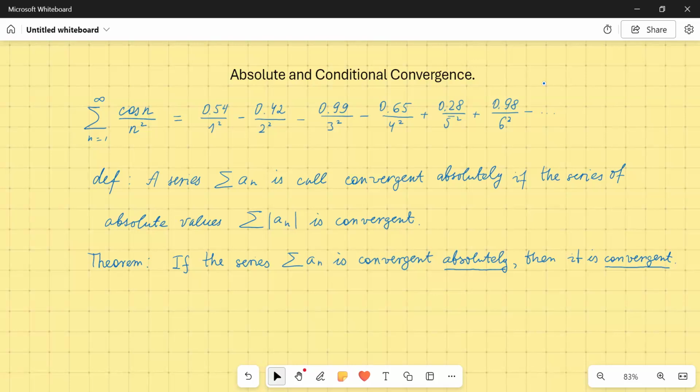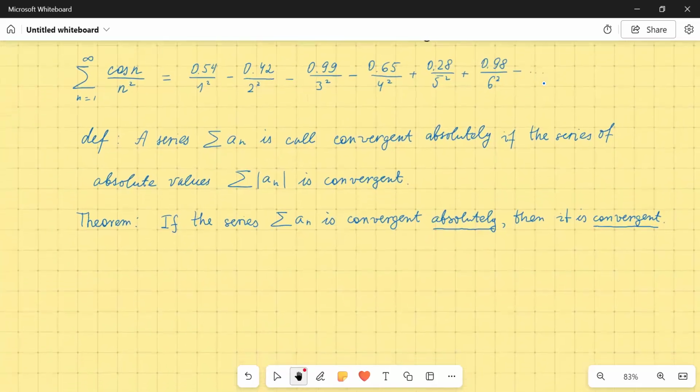But I'm going to solve the problem and you will see how everything is working. So I'm investigating this series, the series of cosine of n over n squared, and I do know that this series is partially alternating, not alternating. I'm going to build a series of absolute values. So how is it going to look?